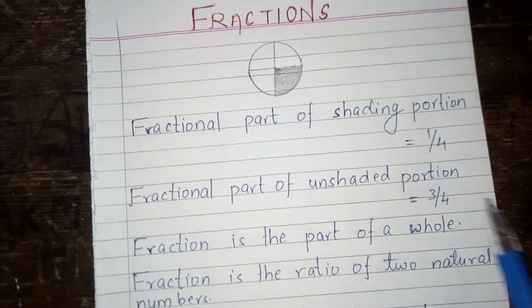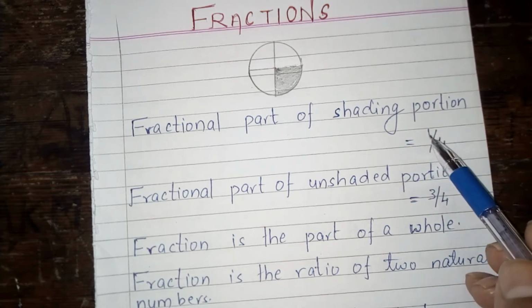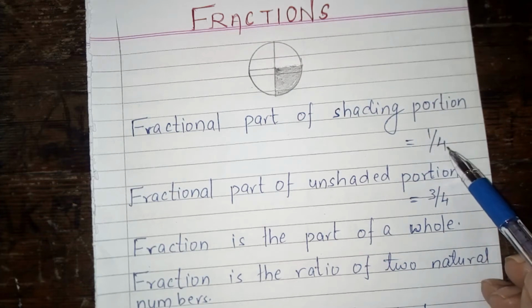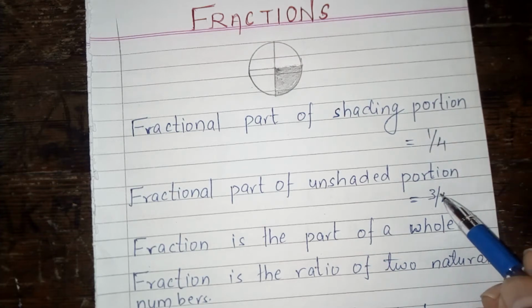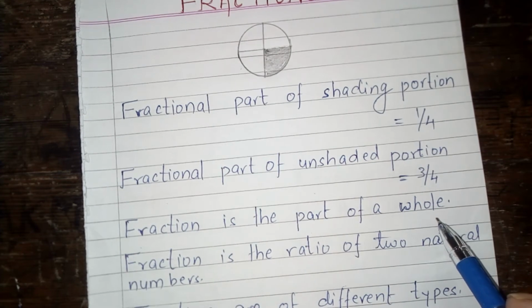Okay, as you know very well, in this example 1 is a whole number, 4 is a whole number. Now 3 is a whole number and 4 is a whole number. And you know very well whole numbers are always positive.